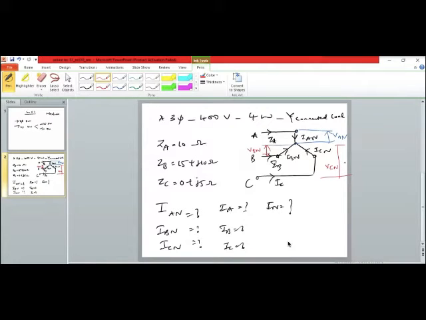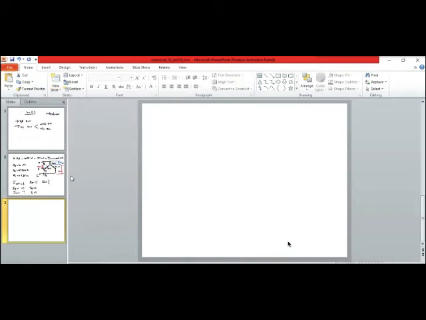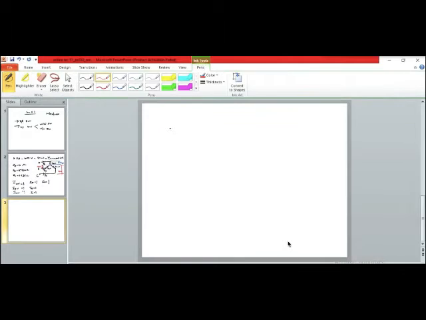So what should we do now? Let us write the formulas to calculate the currents in the phases. Let the current be IAN in A phase. For that, you require VAN divided by the impedance in that phase, which is ZA.